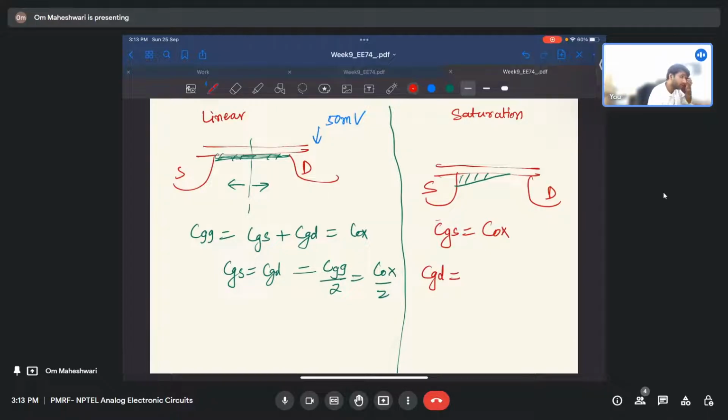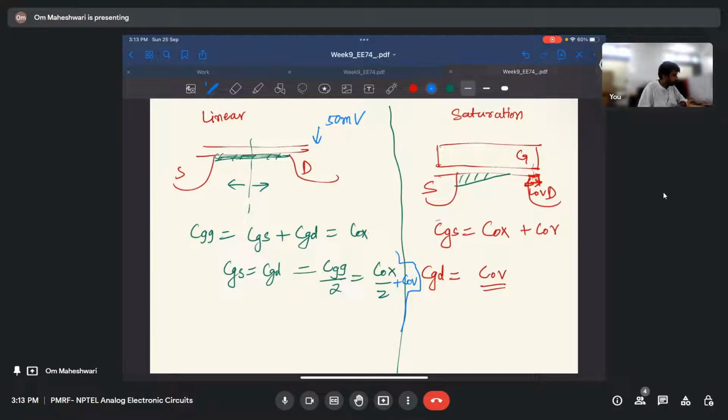I have not introduced what is overlap. Between this gate and this drain, there is a very little overlap. This overlap gives some capacitance, that is the overlap capacitance, COV. So in saturation, CGS will be COV plus Cox, but in CGD, since there is no channel, it will be COV only. So this is the case of strong inversion, strong saturation.